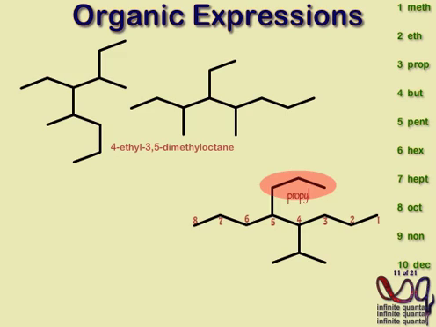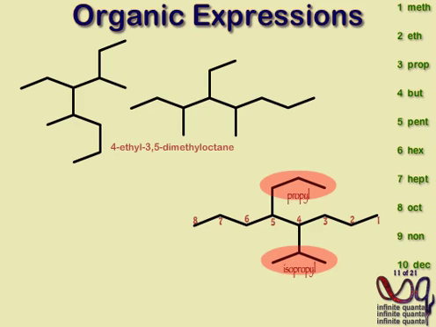Propyl. Here's your red line, CH2. Look in the table under n-propyl. N means normal, meaning straight across: CH2, CH2, CH3. See how that's bonded? But then there's another kind of propyl. What's it called?